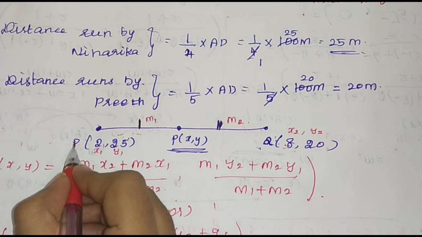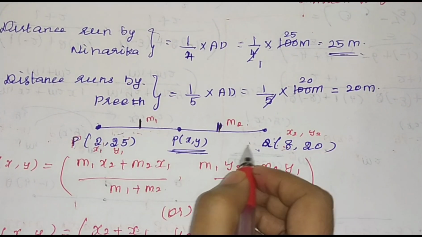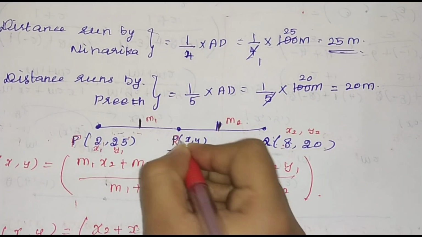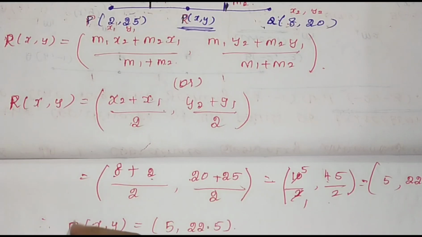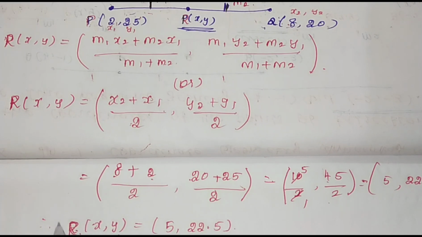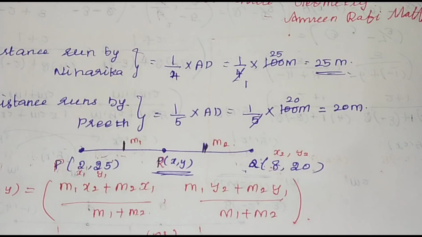Here I considered P, here Q, and here I am considering R, because I shouldn't write P two times. So R(x, y) equals (5, 22.5).